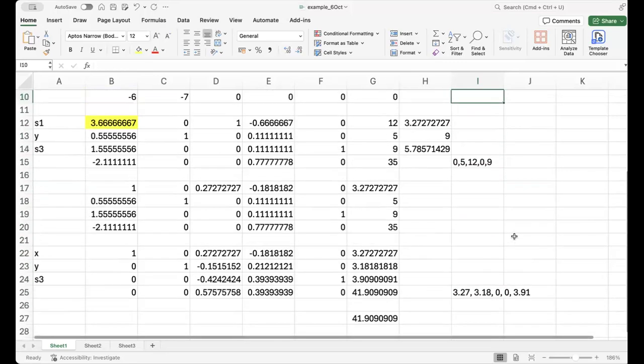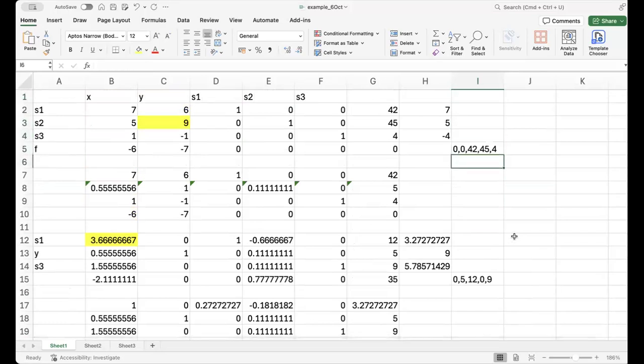You see that at the initial step I wrote 0, 0, 42, 45, 4. That means we are at x is 0, y is 0, S1 is 42, S2 is 45, and S3 is 4. Okay, do it by yourself.